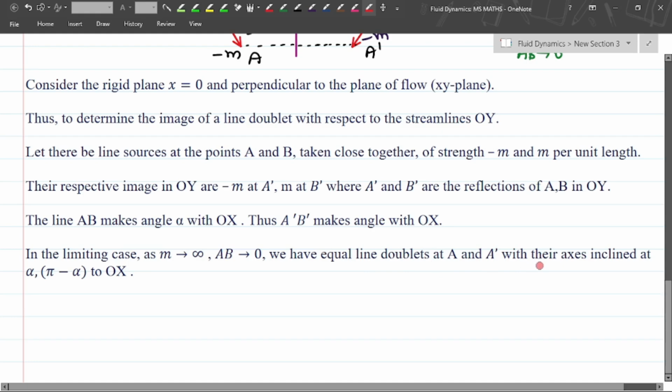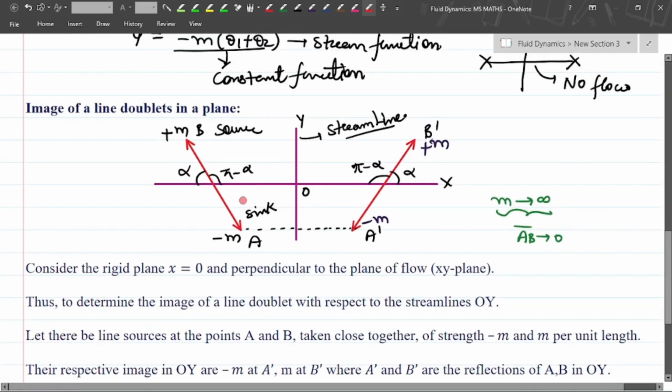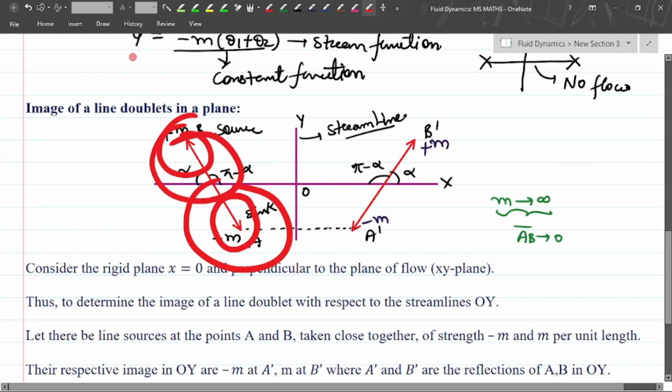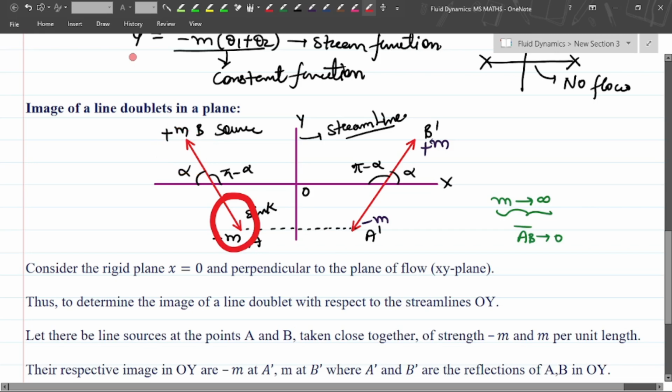Then A and A dash have their axes inclined at alpha and pi minus alpha to the x-axis. This is the concept: whenever you increase the strength, both get closer to each other and AB tends to 0. This is the concept of the line doublet in the image, and the same thing happens for the image also.